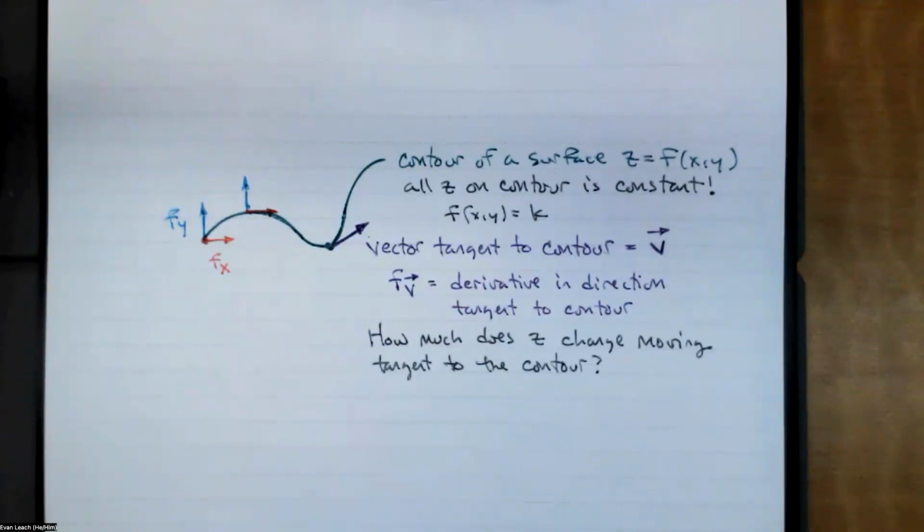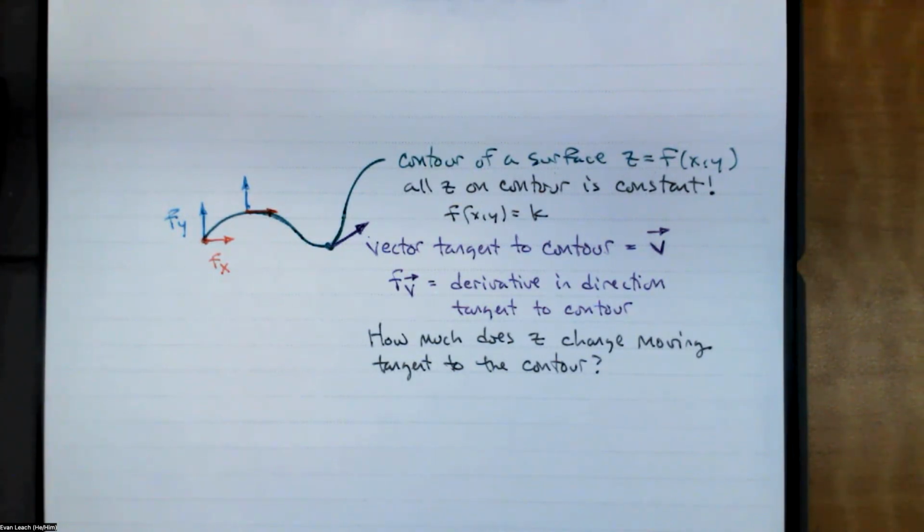This is an evolution of our thinking. Our original idea about the derivative: how much does y change with respect to x? How much does y change in the x direction? Our fx and fy are two partial derivatives. How much does z change in the x direction? How much does z change in the y direction? Those aren't the only two directions we have available in two-dimensional space.